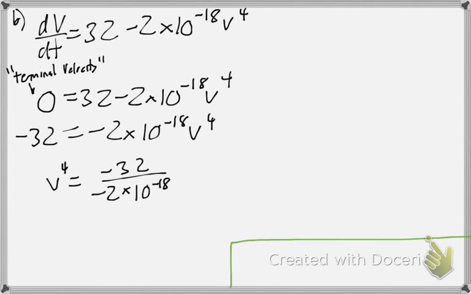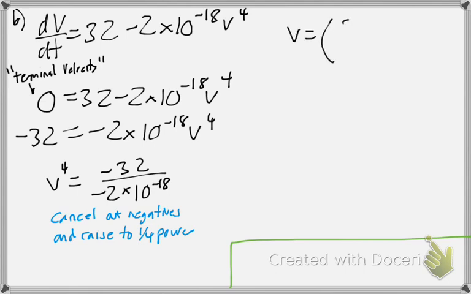So I'm going to cancel out the negatives, and I want to raise it to the 1/4 power. So v is going to be equal to 32 over 2 times 10 to the negative 18, raised to the 1/4.